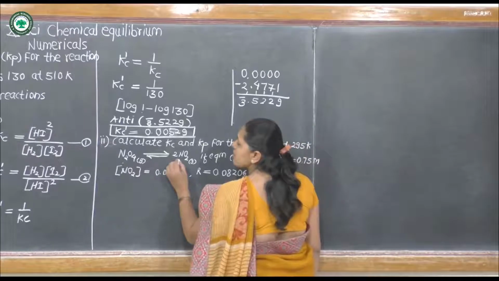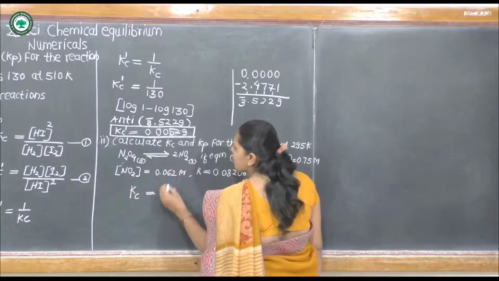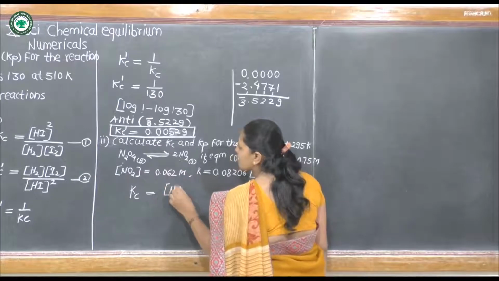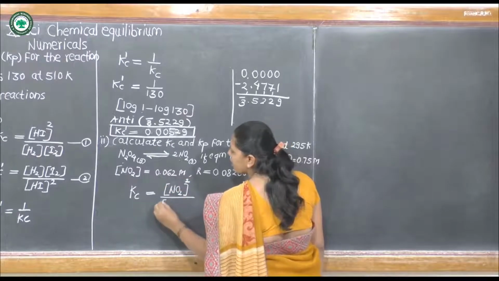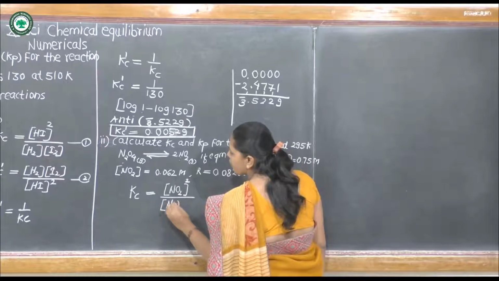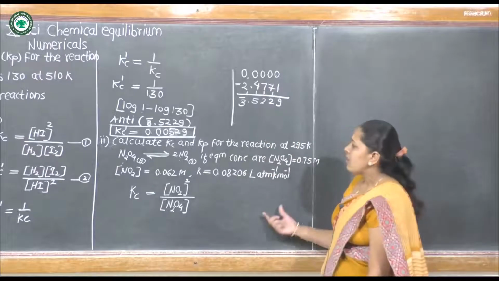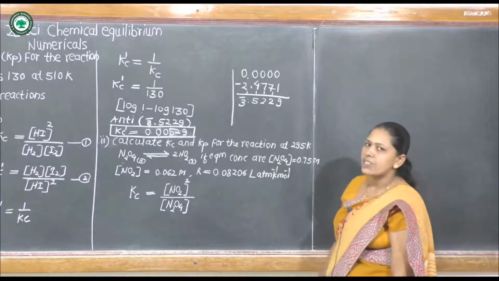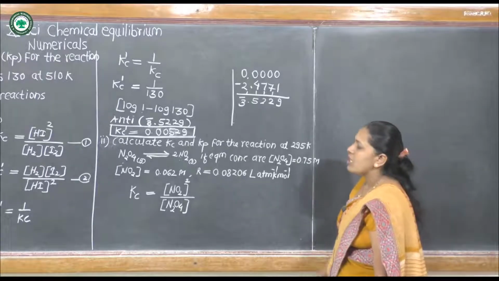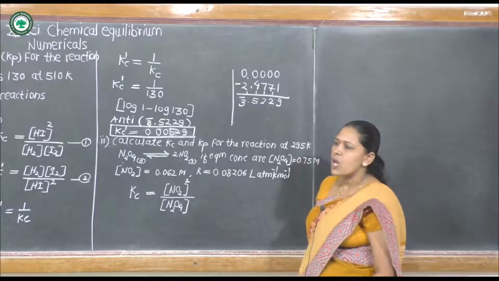For this reaction, expression for Kc is equal to concentration of NO2 raised to power 2 divided by concentration of N2O4, and here both concentrations are given. Concentration of dinitrogen tetroxide is 0.75 molar and concentration of nitrogen dioxide is equal to 0.062 molar.